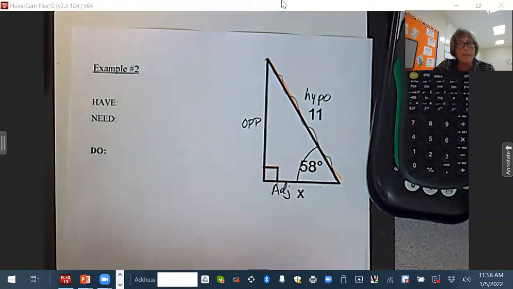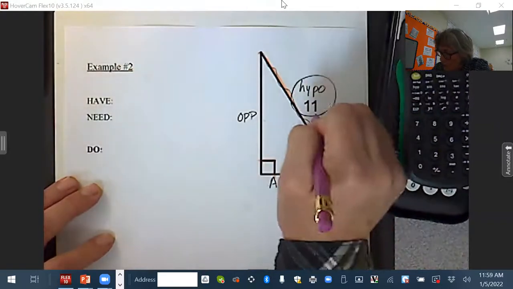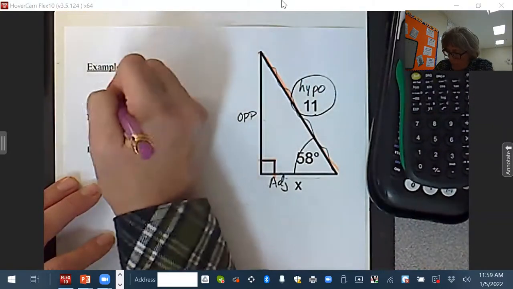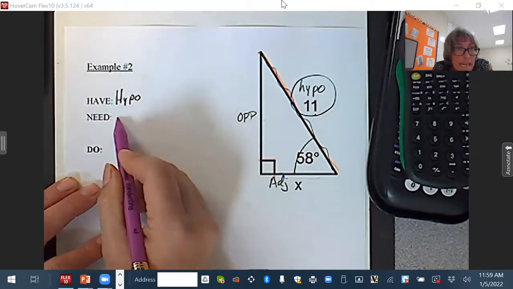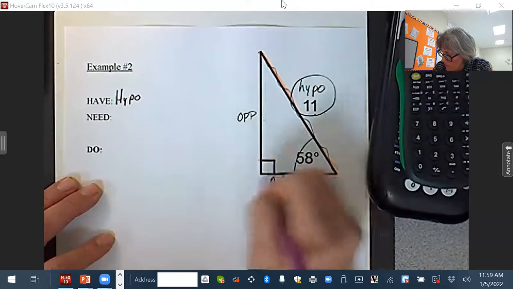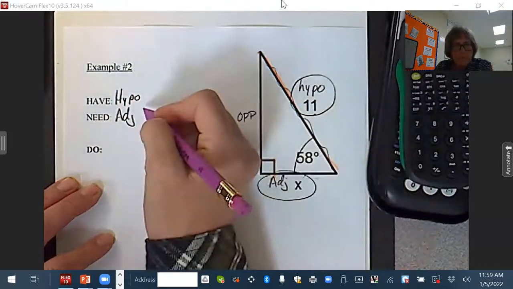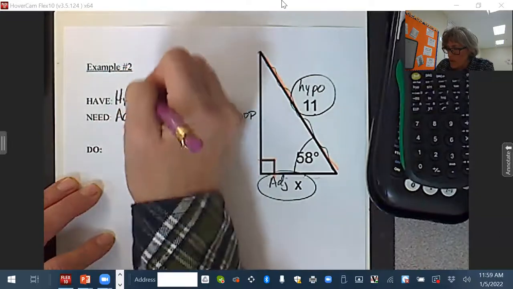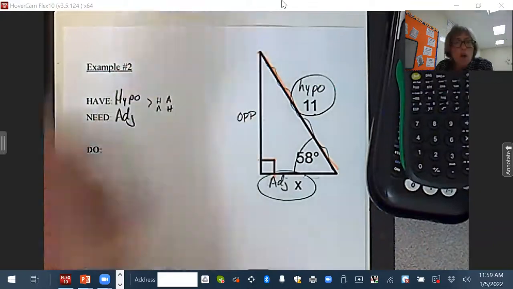Have, need, do. We have the hypo. We need, in this case, the adjacent. So it doesn't matter whether it's an HA or AH combo.